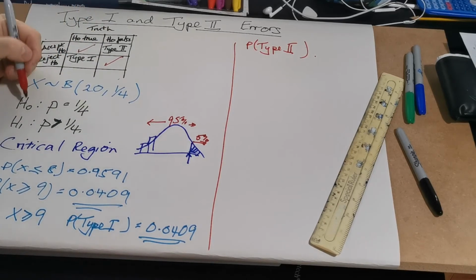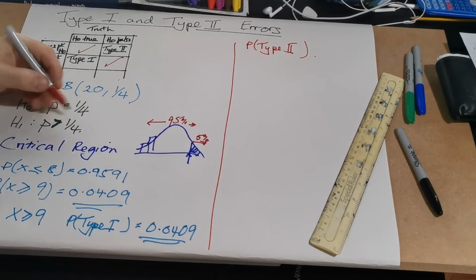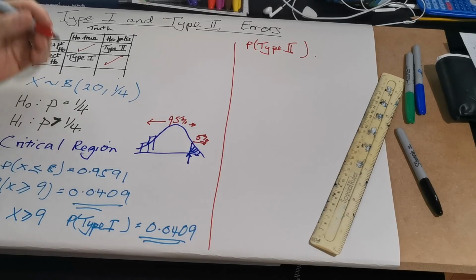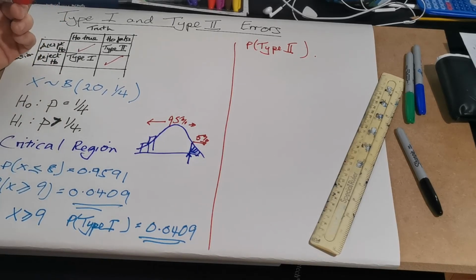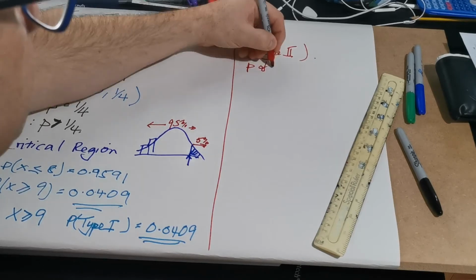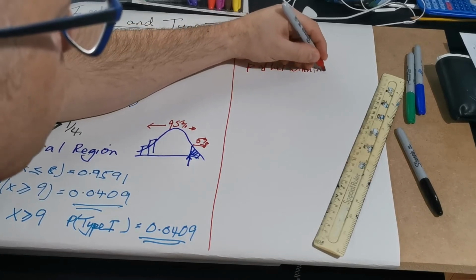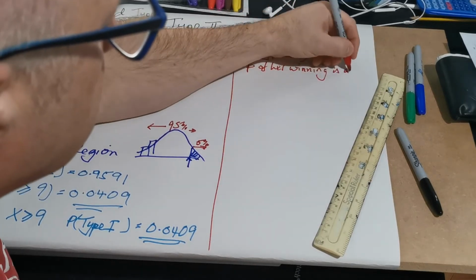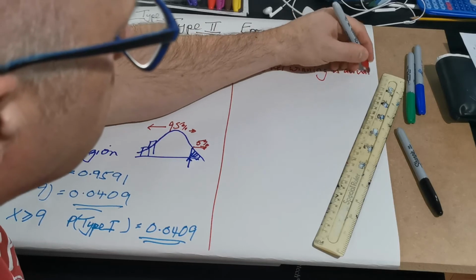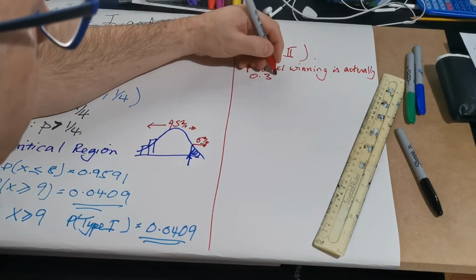Well, if H0's false, probability is bigger than a quarter, we actually could do with knowing what that probability is, and actually in order to be able to proceed with this, we do actually need to know what that probability is. Now in this question we are told that the probability of her winning is actually 0.35.